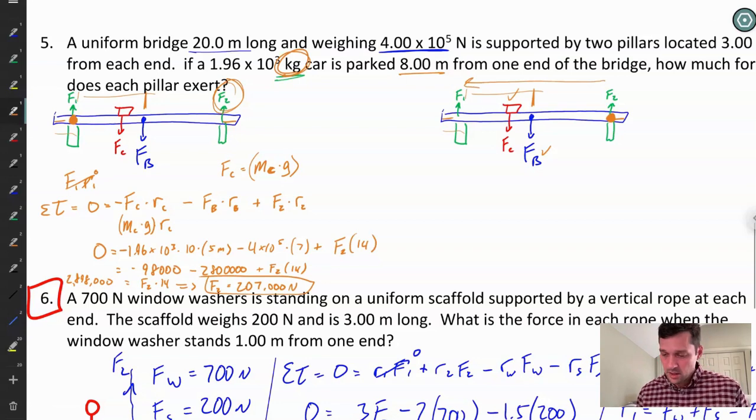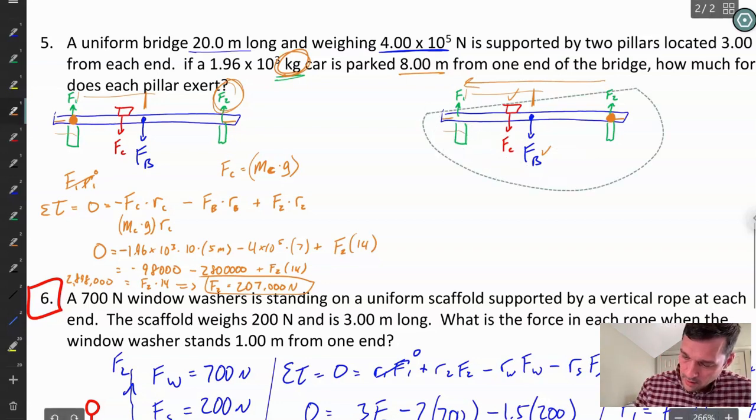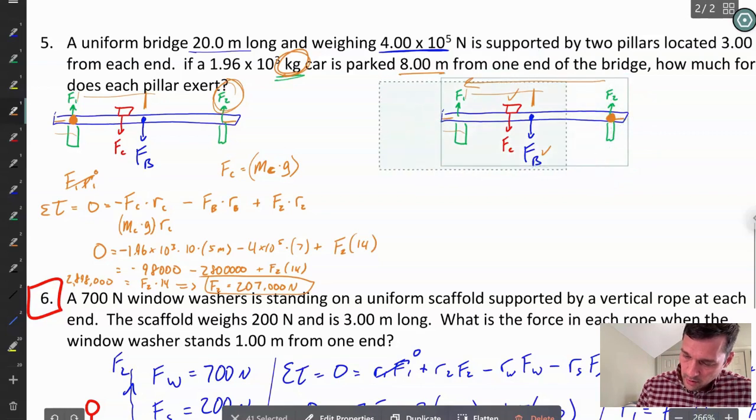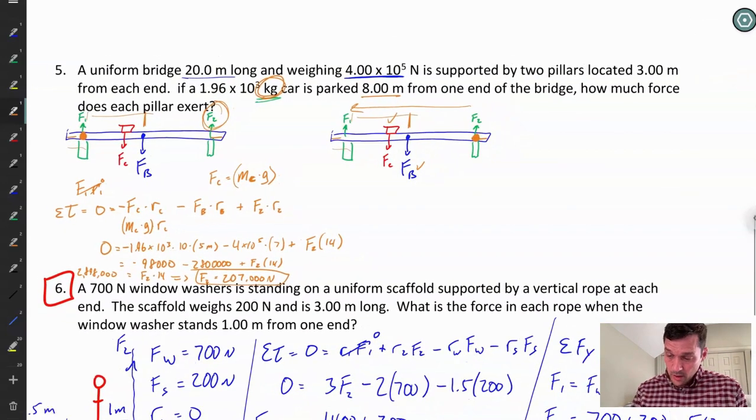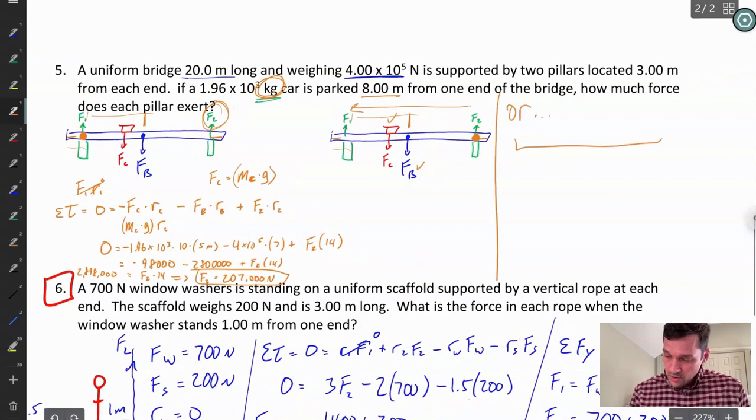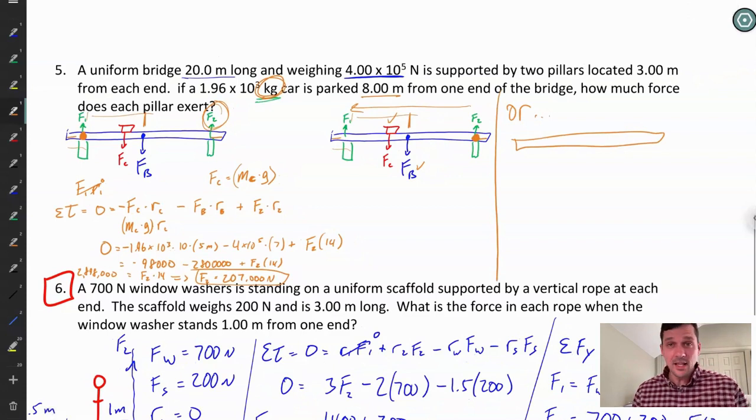Oh, I will actually throw in an alternate approach. So certainly we could reverse the whole thing and use torque. Alternatively, we could also recognize that this bridge itself as a mass is not accelerating in any way. Not only is it not rotating, but it's not accelerating up or down.